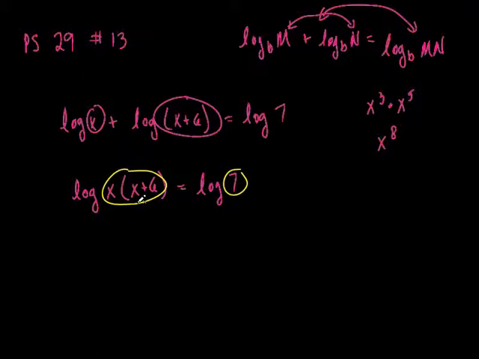So this equals that. I told you that was simple. But if you take the log of something and it equals the log of something else, guess what's going to happen to these somethings? They're going to be equal to each other. So basically, what just happened to the logs? They just cancel out. They just disappear. So what I can do is write x times x plus 6 equals 7.